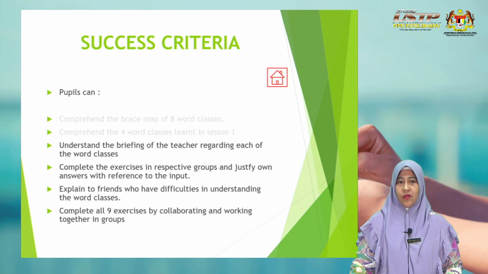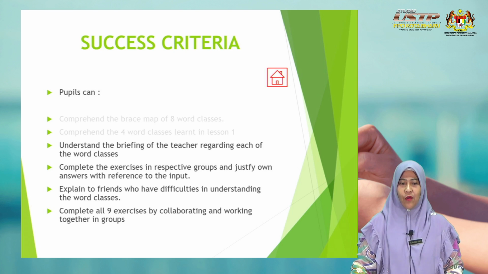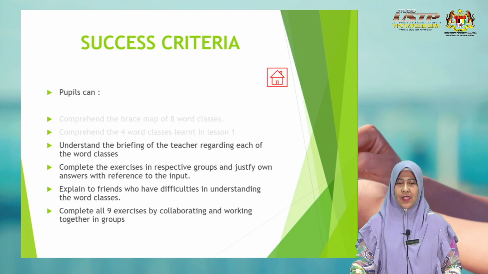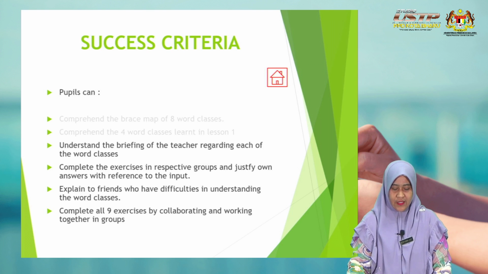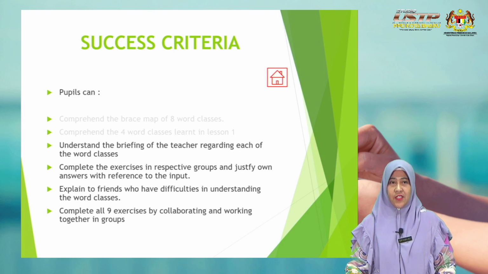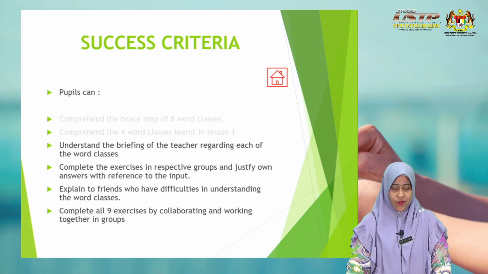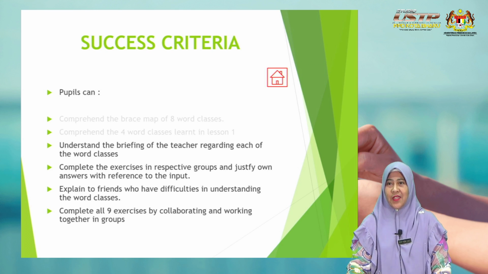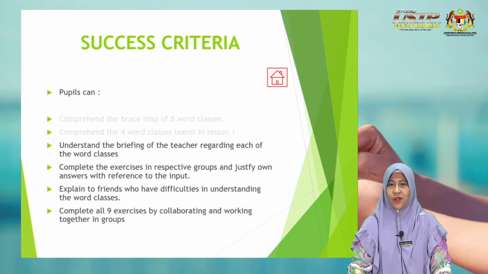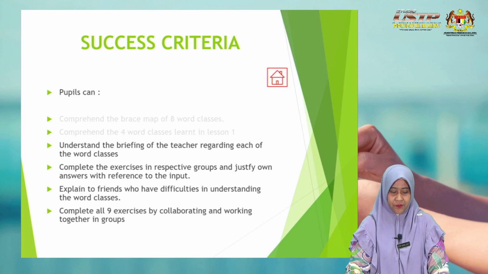Okay, now let's see the outlines for teaching the word classes. As we know, the lesson outlines were divided into 3 major stages. Those are starter stage, 30 minutes, main stage, 50 minutes, and plenary stage, 40 minutes durations of time.